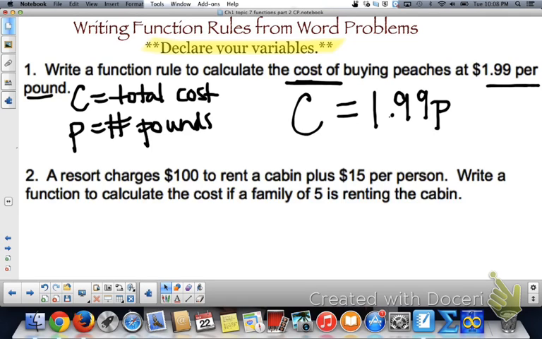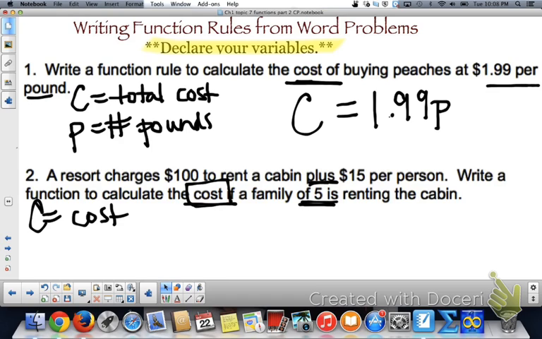Number 2, a resort charges $100 to rent a cabin plus $15 per person. Write a function to calculate the cost. So we have cost again. Let's start with C equals cost. If a family of 5 is renting a cabin, we know that's what is going to go in for our variable.